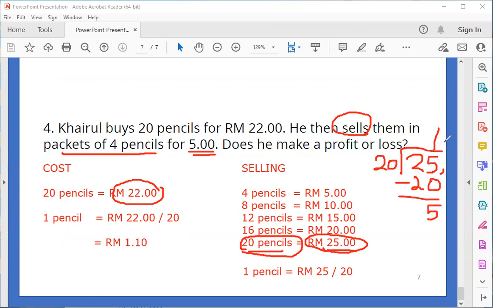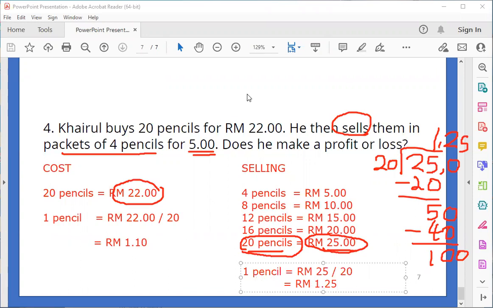I put in my decimal. Okay. I put in a 0. I bring down the 0. 50 divided by 20, that is 2. And this is 40. Again, I minus. I put in a 0. I extend a 0. So 100 divided by 20, it's 5. So one pencil was sold at 1 ringgit and 25 cents.